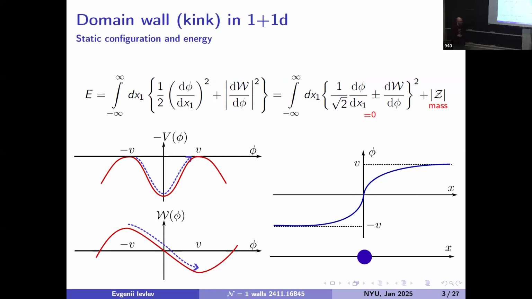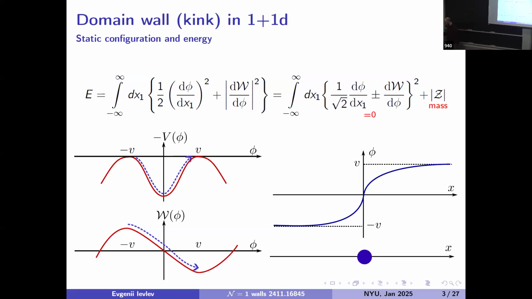And then if you consider the kink, which is the lowest energy configuration in a given topological sector, you say that this square bracket actually is zero. This gives you a first order equation for your kink. And this finite piece, which can be explicitly integrated out, gives you the energy of this kink.